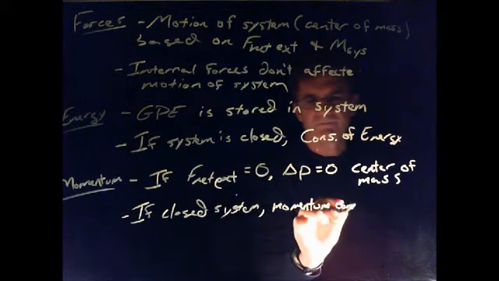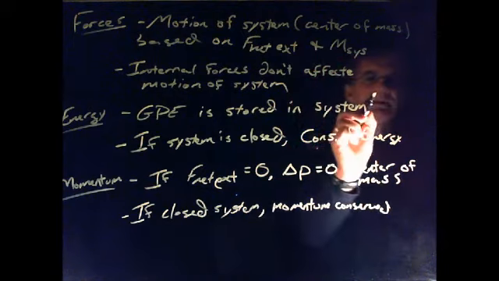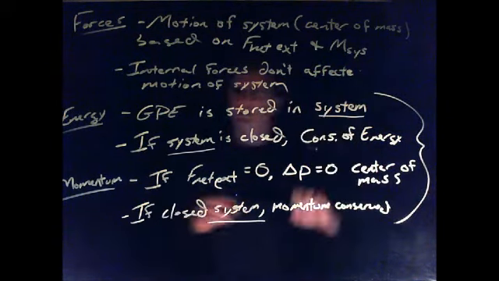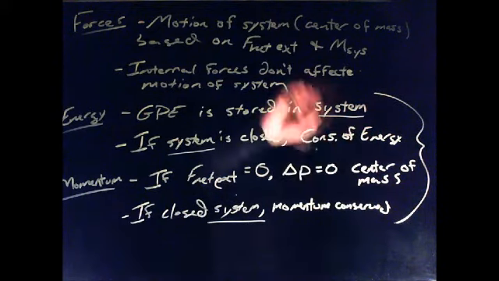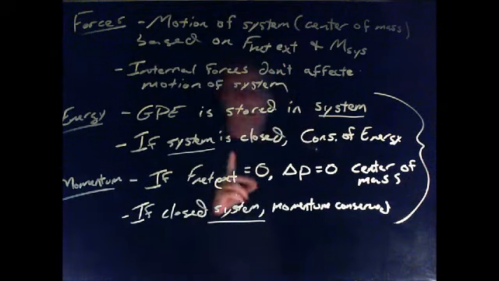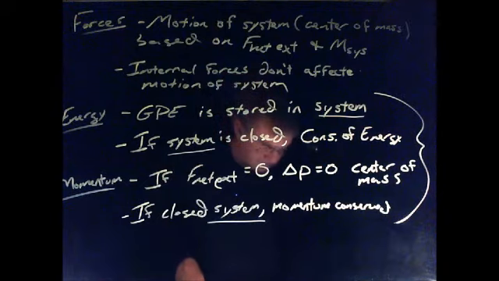So, again, for these two ideas, energy and momentum, the system I'm referring to is a little bit different than the system here for the forces. Let me take a second and just illustrate an example of what I mean by that.